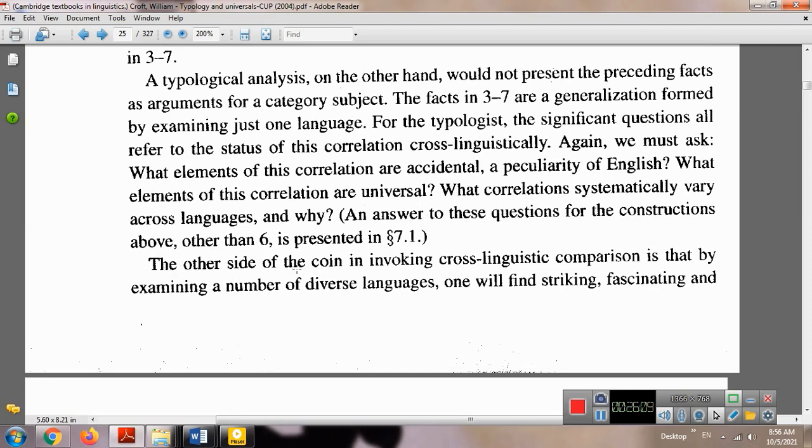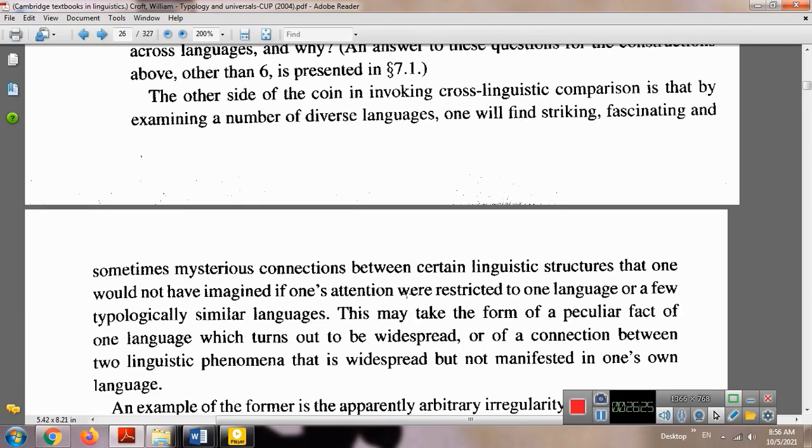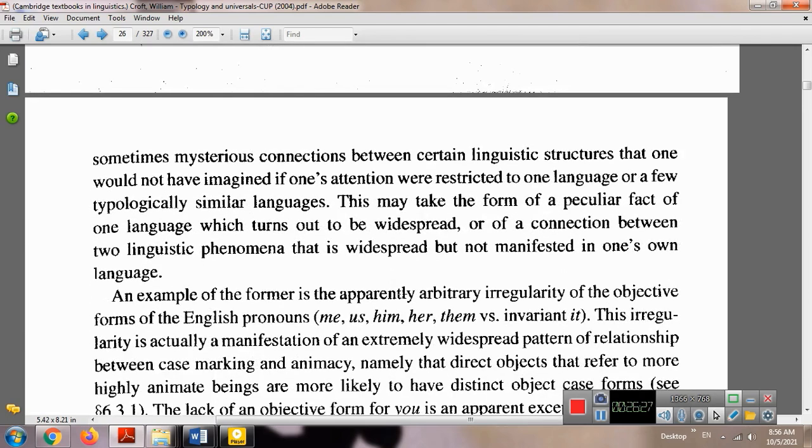The other side of the coin in invoking cross-linguistic comparison is that by examining a number of diverse languages, one will find striking, fascinating, and sometimes mysterious connections between certain linguistic structures that one would not have imagined if one's attention were restricted to one language or a few typologically similar languages.